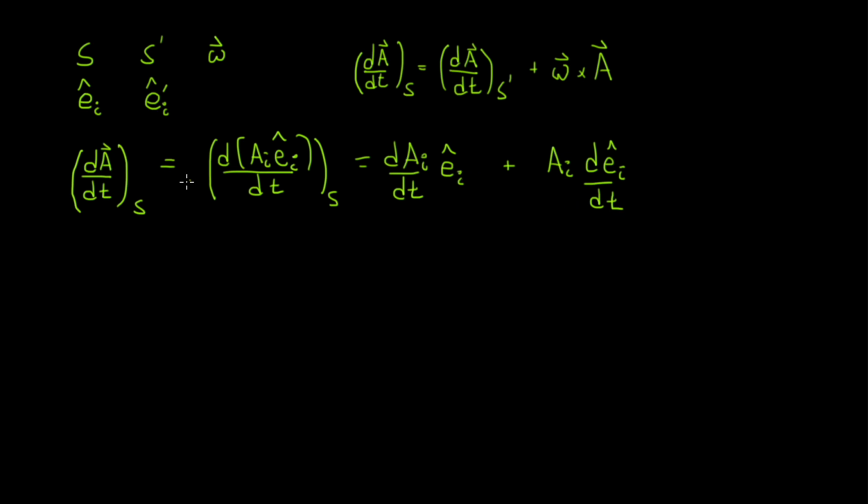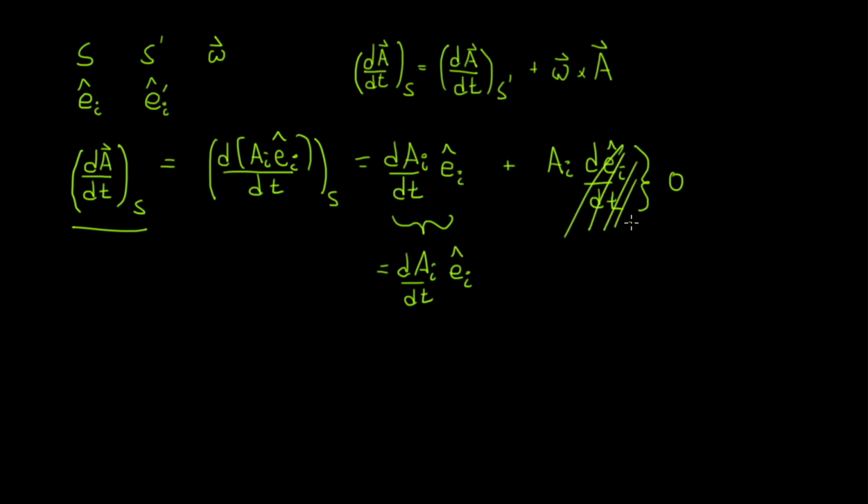Okay, so an observer in frame S thinks this is 0. They think that the derivative of their basis vectors with respect to time is nothing, right? Their basis vectors aren't changing. They're in that frame. So when I write dA/dt with respect to S, what I mean is this: I mean dA_i/dt times e_i hat, because they think this bit is all gone.